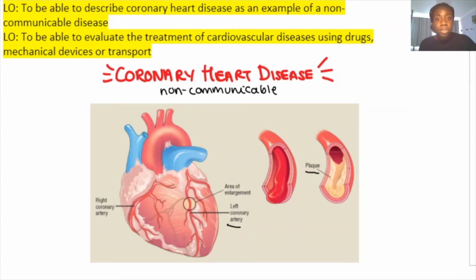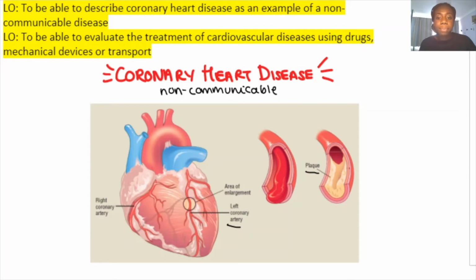And this is going to reduce its supply of oxygen and other essential nutrients. And if parts of the heart muscle are cut off from the nutrients they need, they can die. And this can lead to a heart attack as the heart muscle is unable to contract properly and pump blood around the body.